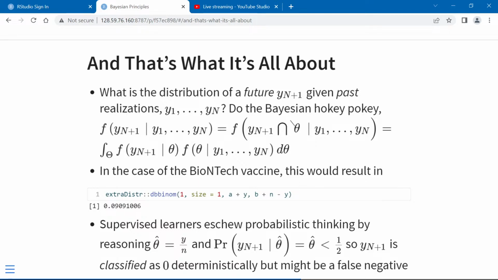They only had 94 people who got COVID in their trial. How could that possibly establish certainty about what theta is? So here, we're averaging over what theta could be using the posterior PDF as the weight function to get the integral, which in this case comes out to this.